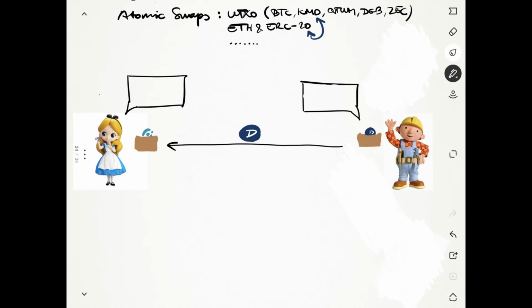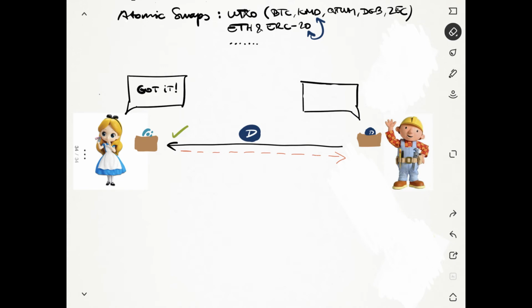Alice cannot access them, but she can verify they're there. So she announces to Bob that, hey Bob, I got the DGB. And if she doesn't do this in the time frame agreed, then these funds are automatically returned to Bob. Now, it is important to understand that this is not some sort of smart contract logic here.